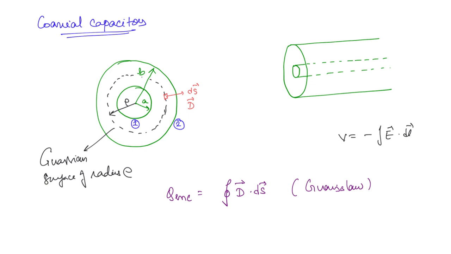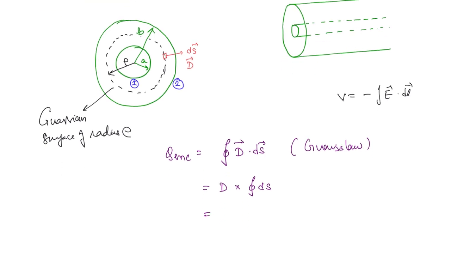Also at a particular distance D bar is going to be uniform throughout, so you can take it out. So what will you get? The final expression D into integral dS, and the integral dS is the total surface area of the Gaussian surface. So the Gaussian surface is a cylinder. So this is going to be 2 pi rho L, where L is the length of the coaxial capacitor.